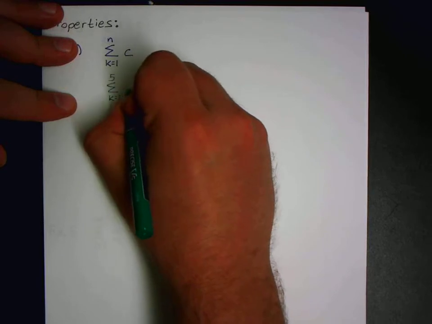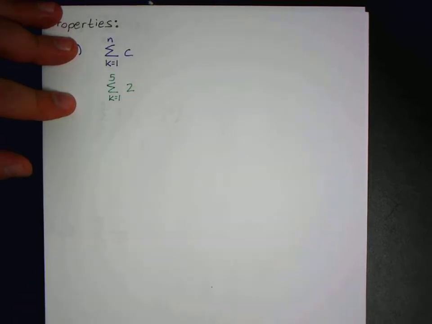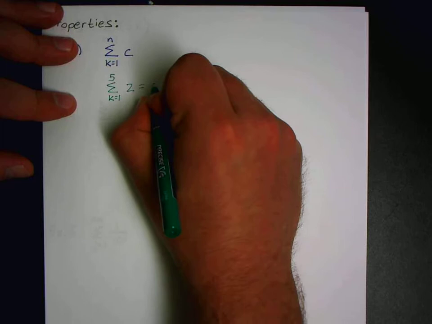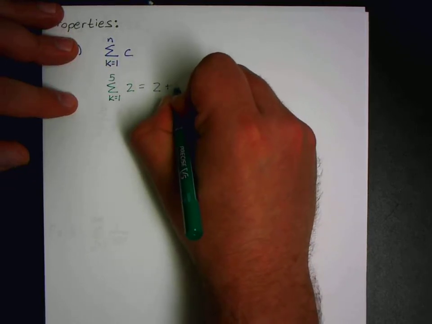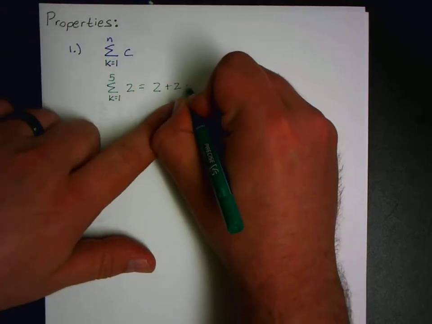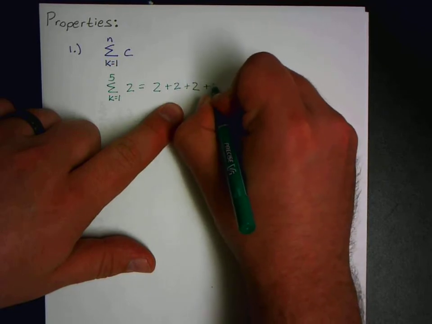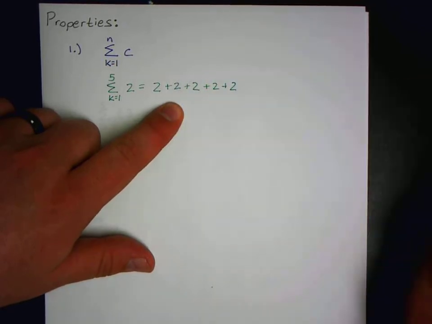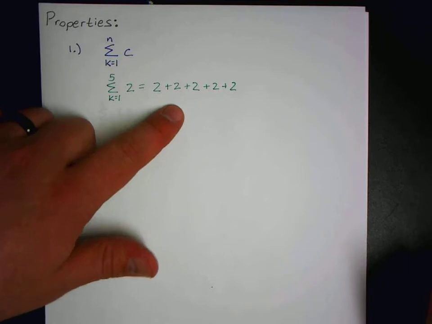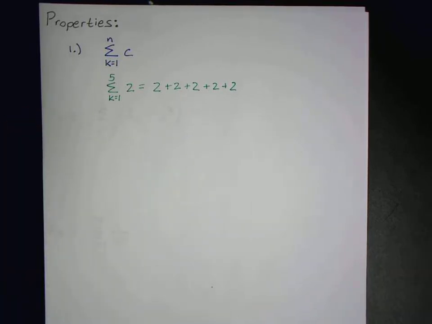Let's say I do this of 2. So what this means is I take 2, so that's 1, 2, 3, 4, 5. Two. 2. Okay, what's that the definition of?